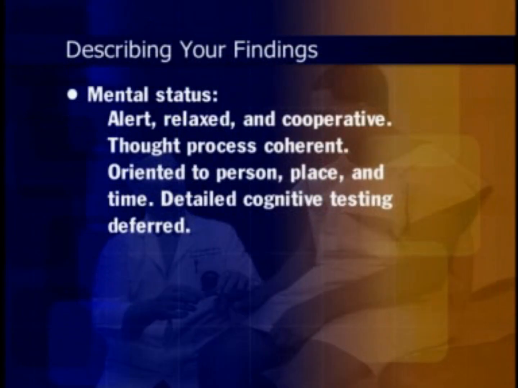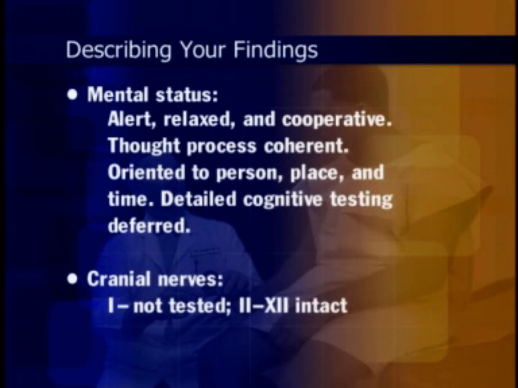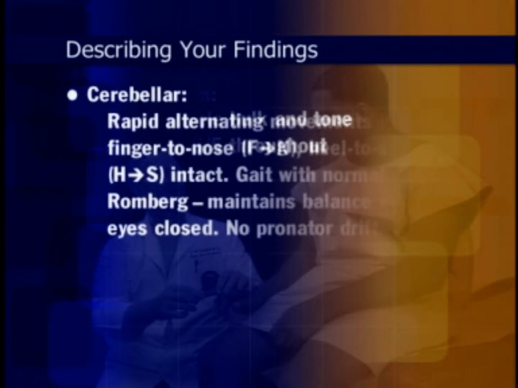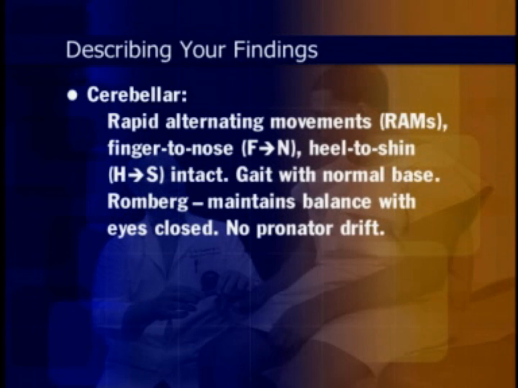For a healthy patient, your write-up might include language such as: mental status alert, relaxed, and cooperative, thought process coherent, oriented to person, place, and time, detailed cognitive testing deferred; cranial nerves 1 not tested, 2 through 12 intact; motor system good muscle bulk and tone, strength 5/5 throughout; cerebellar rapid alternating movements, finger to nose, heel to shin intact; gait with normal base; Romberg maintains balance with eyes closed; no pronator drift.